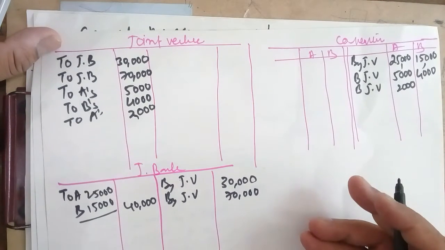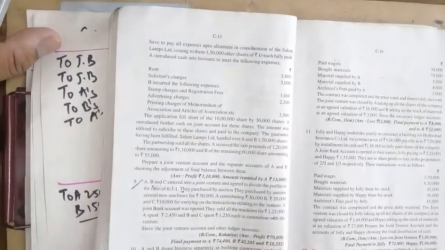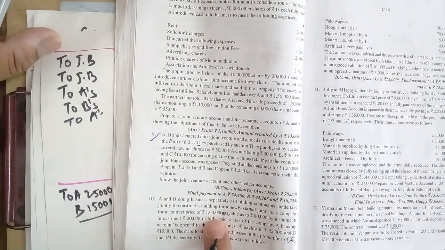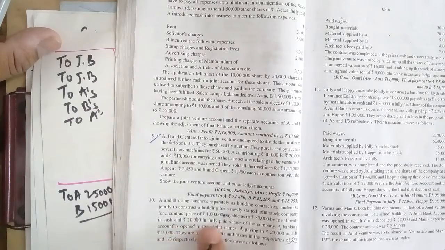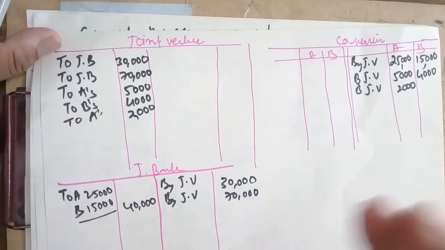The contract price received. See here, bear in mind the contract price which we have received in two forms. The total contract price is 1 lakh rupees, received 80,000 by installment in cash and 20,000 in fully paid shares. So the mode of payment is cash and shares. Therefore the entry would be joint bank account debit, shares account debit, to joint venture account.